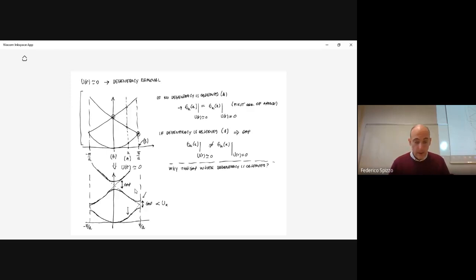what happens if we try to demonstrate the theorem when U of R is equal to 0? This means that I have to apply the Hamiltonian to the trial wave function that Bloch used.